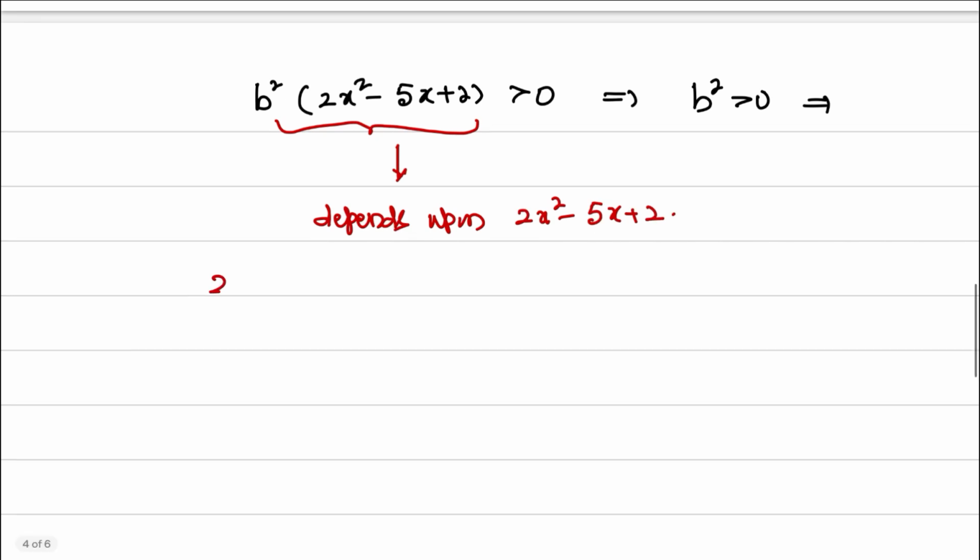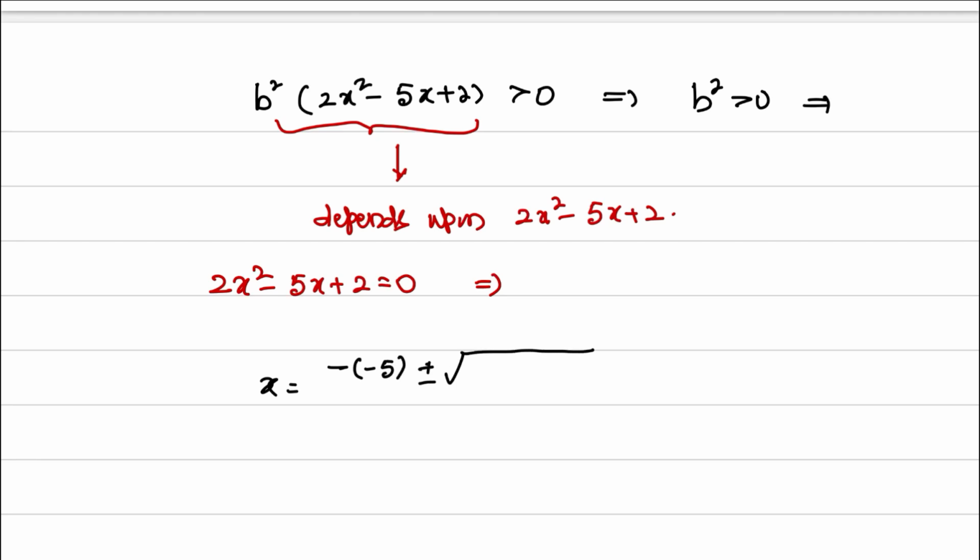Now, let us solve 2x square minus 5x plus 2 is equal to 0. Then what are the roots of this equation? x is equal to minus b, that means minus of minus 5, plus or minus square root of minus 5 whole square minus 4 into 2 into 2, whole divided by 2 into 2.